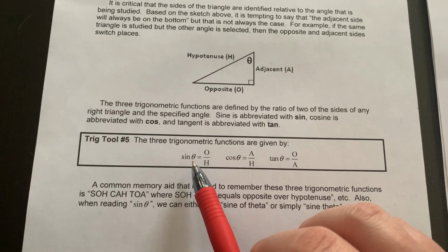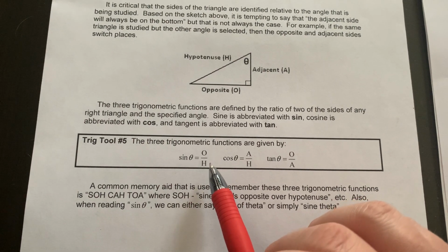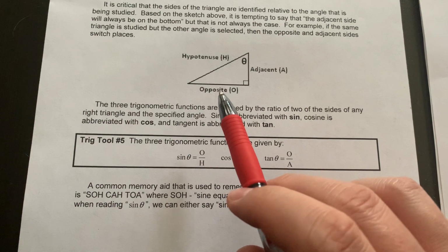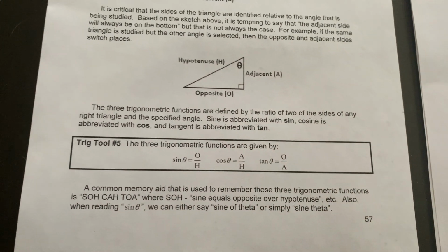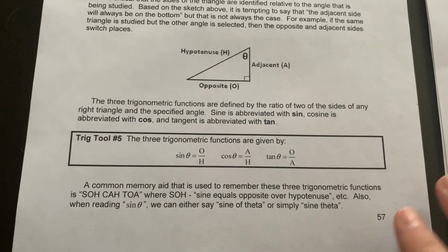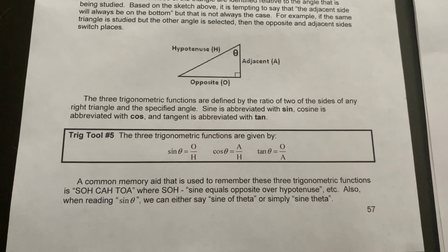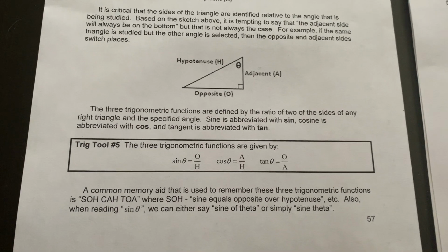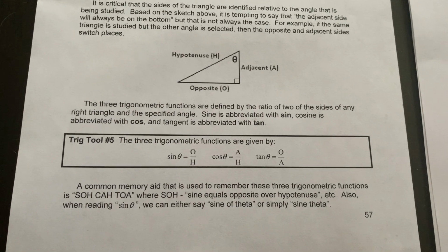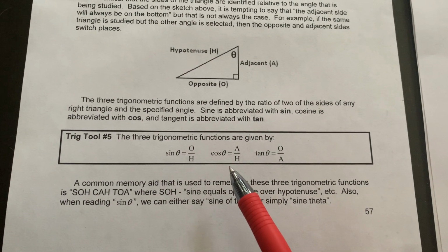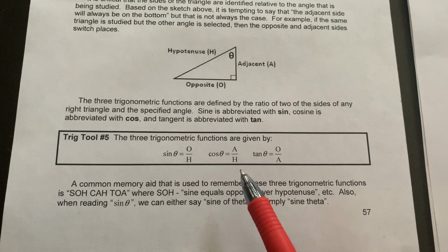It's a ratio, and it's the opposite side length divided by the hypotenuse. So sine would be opposite over hypotenuse. If you know the angle value, that's great. But in theory, you don't even need to know the measurement of the angle. It really is a relationship between the side lengths more than it is a relationship between the angles. Cosine is going to be the adjacent side divided by the hypotenuse.